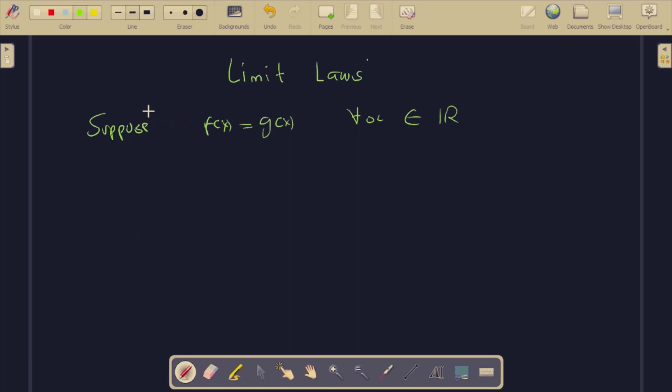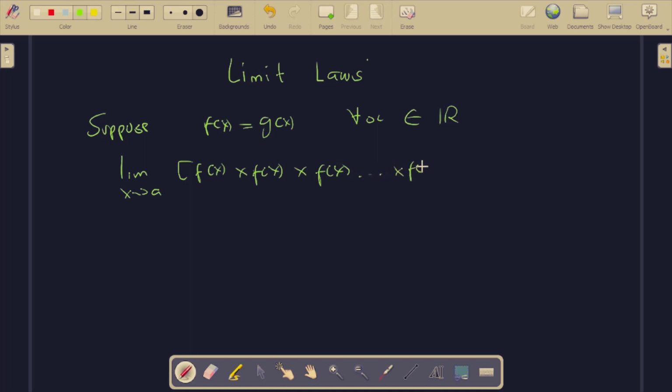If you consider that product law, where we have the limit as x goes to a of f of x multiplied by g of x. Now in our case, f of x is equal to g of x, and let's say we multiply f of x n times. All right, so we're going to have f of x multiplied by f of x, n times.